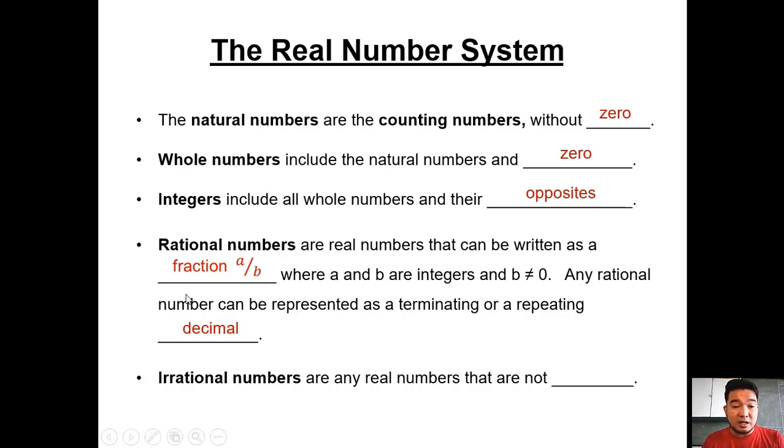So a rational number must conform with these two conditions, terminating or repeating. Okay? So, kapag hindi siya terminating at hindi siya repeating, siya ay irrational number. So, irrational numbers are any real numbers that are not rational.